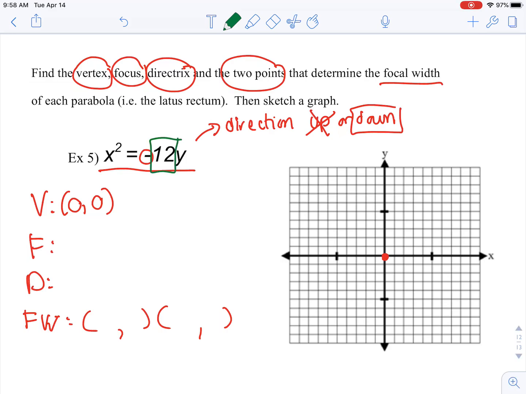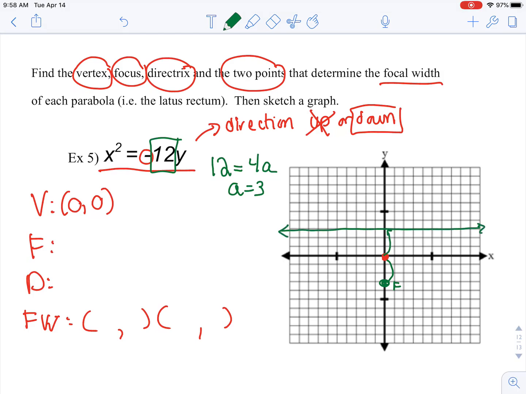Now, for the focus and the directrix, we need the A value. If we look at that 12, remember that that 12 is actually representing 4A, which means our A value is 3. What that means is that the focus and the directrix are 3 units away from the vertex. So at this vertex, if I go down 3 units, there's my focus. And if I go up 3 units, there's my directrix.